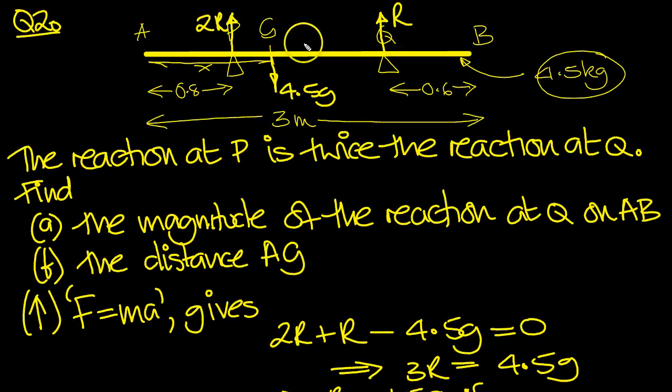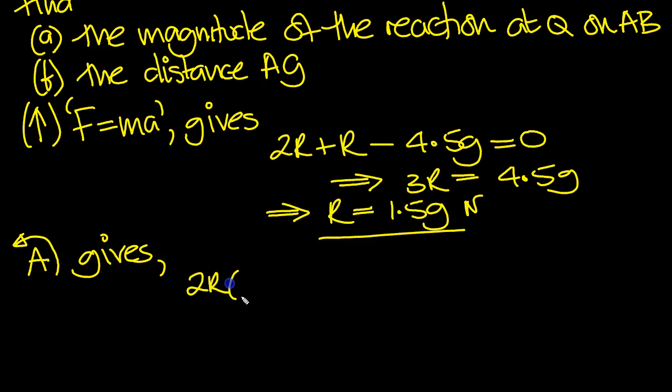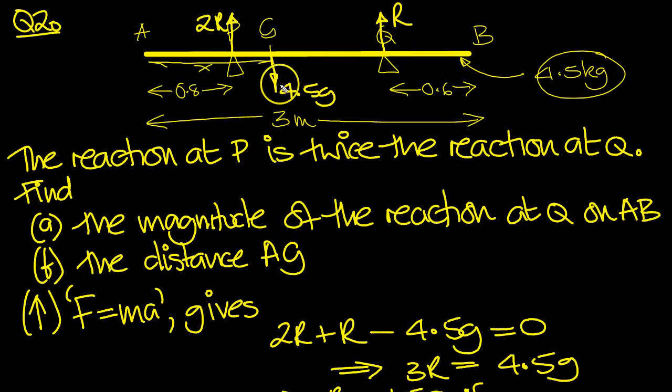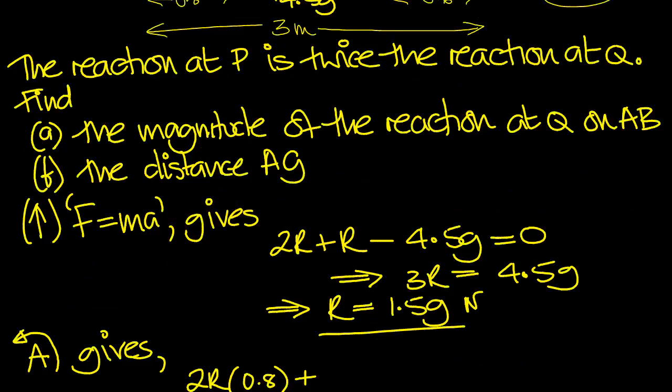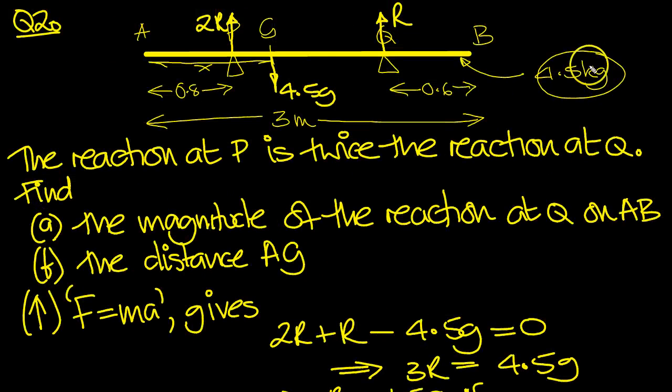Okay, so what have we got then? We've got 2R times 0.8 plus we've got R times 3 minus 0.6, which will be 2.4, won't it? 3 minus 0.6 is 2.4, and that's the distance here.